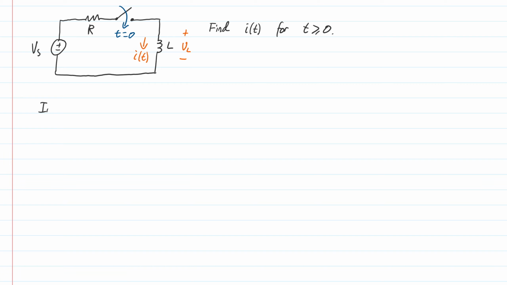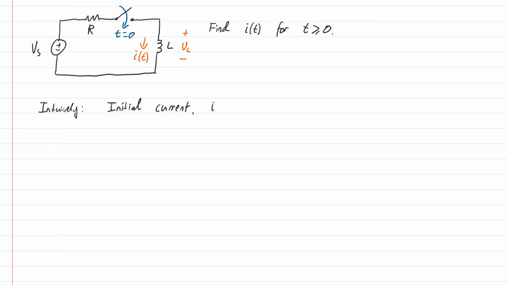Intuitively, we can go a long way with the intuition we already have for first order circuits like this. For example, we know the initial current in this circuit is quite easy to analyze. The initial current is 0.